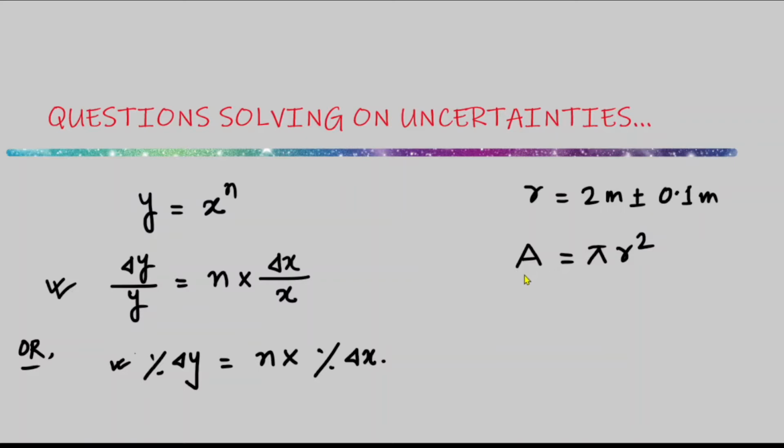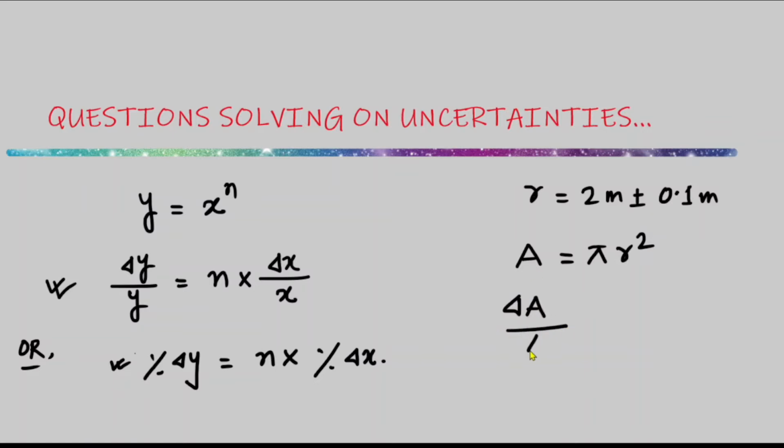Pi r square is the area, and the radius is the measured quantity that has an uncertainty of 0.1 meter. Pi here is a numerical factor, it has no uncertainty, so pi is just omitted from the calculation of uncertainty.